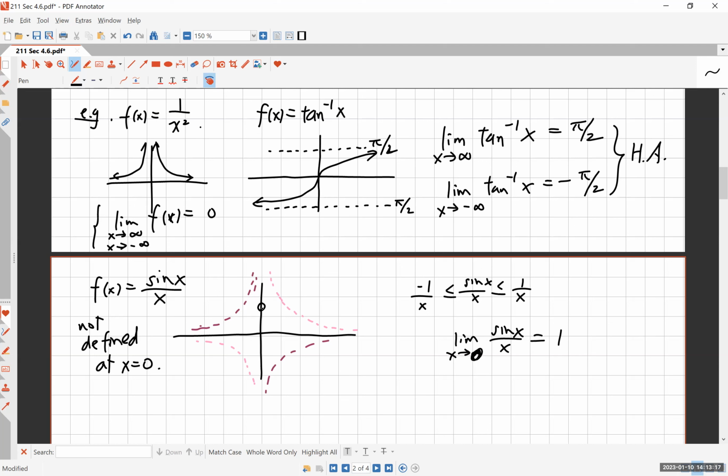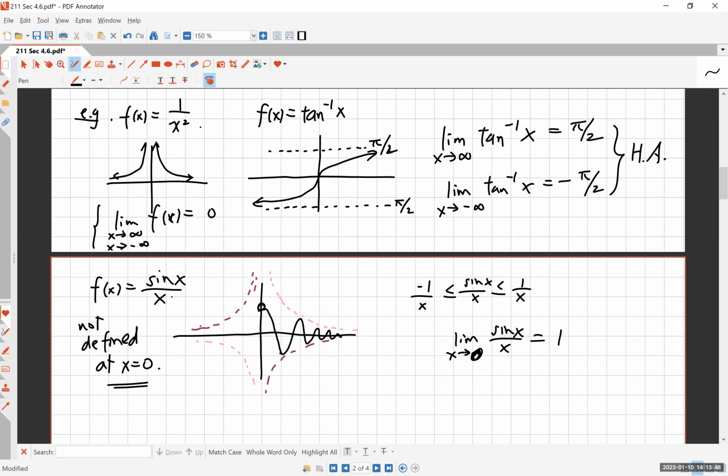This circle is located at the point (0, 1), but there is no point on the graph for this because of the 0 denominator. So what's going on here? Well, sine of x over x basically goes like this, and it's always going to be sandwiched between these 2 curves, right? And by the way, sine of negative x is negative sine of x.